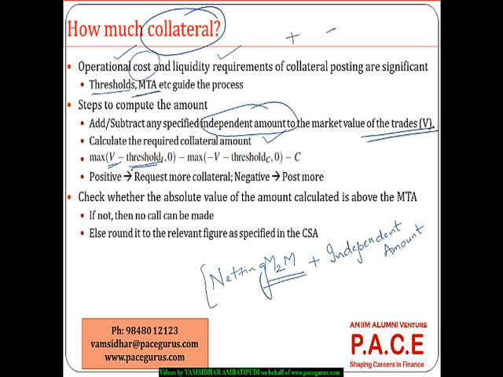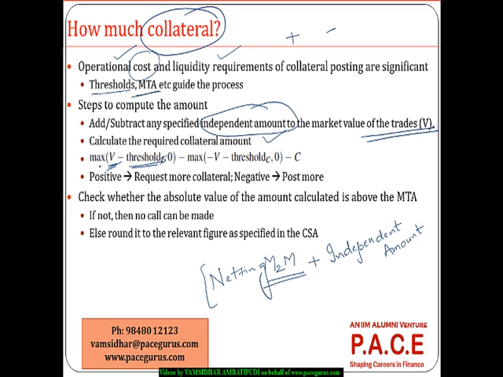So I am looking at the threshold with respect to the institution. For me, what is the collateral? And V is the market value of the trade. So whatever is the threshold that I have posted, that is what I am taking out.